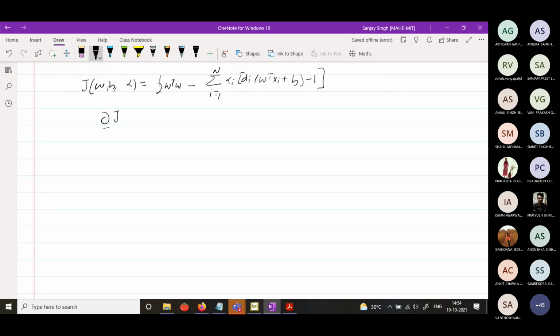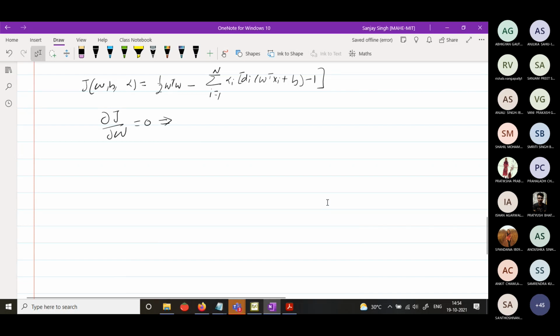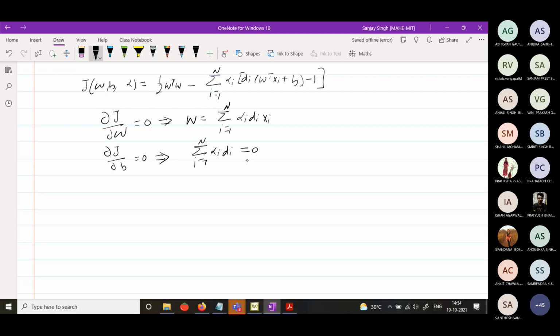And we saw when you take this as 0, this gave w equal to summation i equal to 1 to N alpha i di xi. And the other constraint, derivative with respect to b equal to 0, gave us summation i equal to 1 to N alpha i di equal to 0.